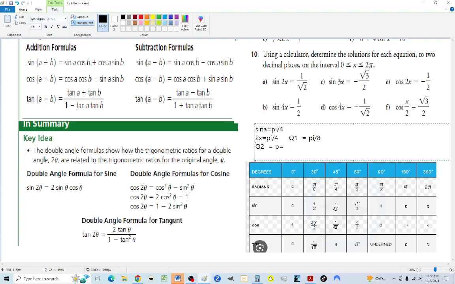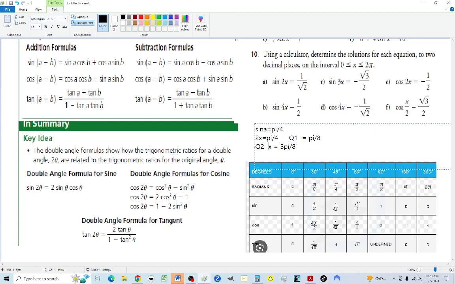We're talking about 3 pi over 4. And then you've got to go back and say, well, if 2x is equal to 3 pi over 4, x is equal to 3 pi over 8. So that's the quadrant 2 solution.